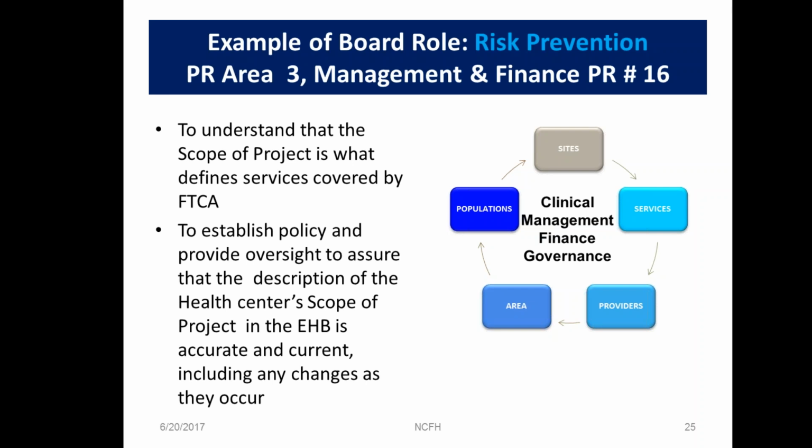So it reduces the amount of money that has to be paid out for commercial insurance, but it is critical that the federal government, which is now your primary insuring body, know what your sites are, what your services are, who your providers are, what areas you cover, what hours of operation you have, and what populations you serve. Because without that data, and the policies that cover that, they cannot provide you with malpractice insurance.